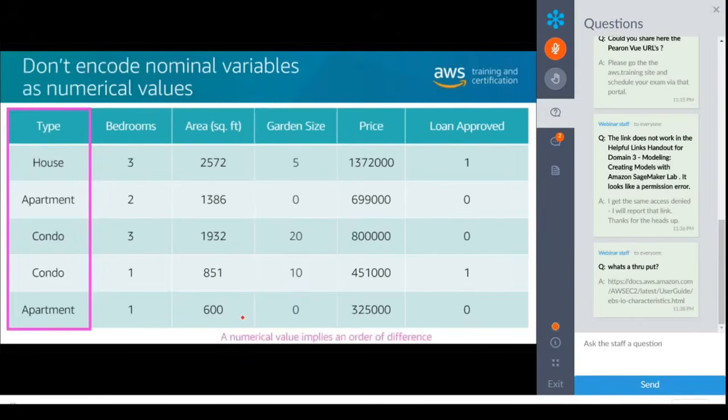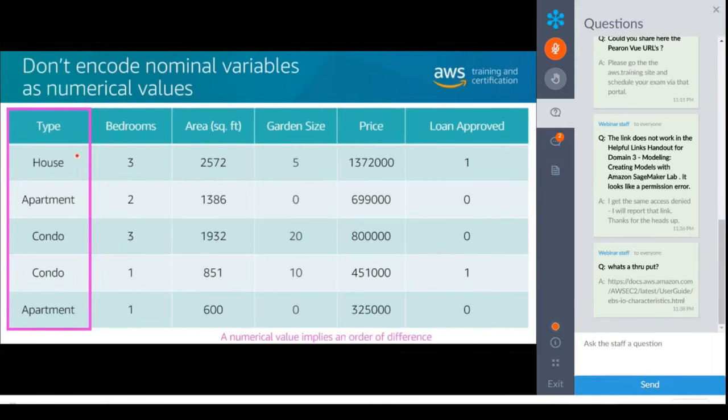And when you've got nominal variables like this, don't encode them as numerical values. If you do that, with some algorithms you run the risk of implying an ordinal status.